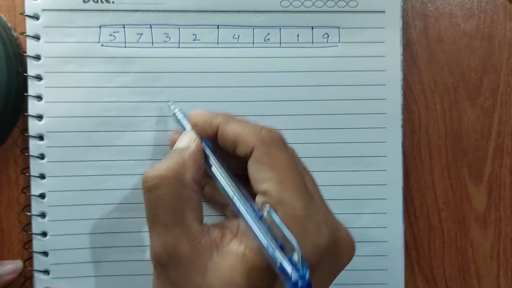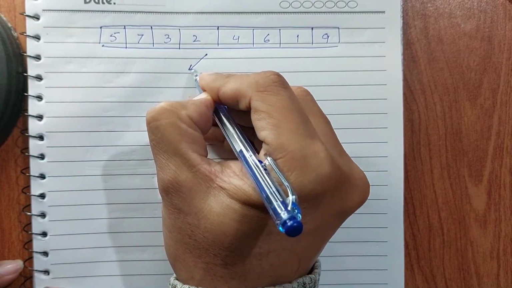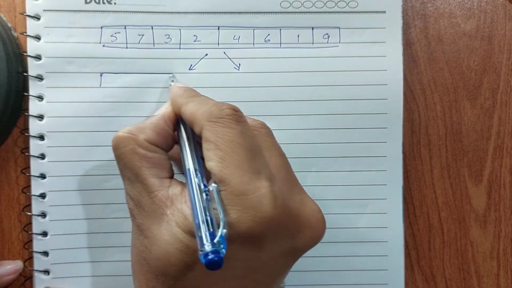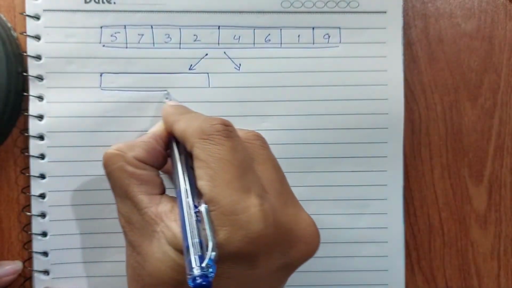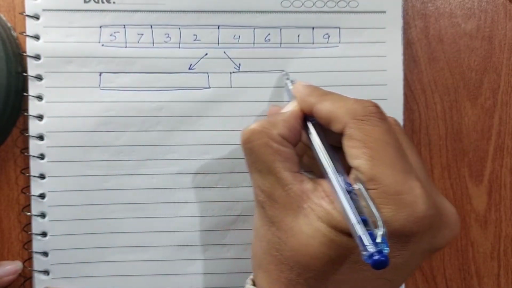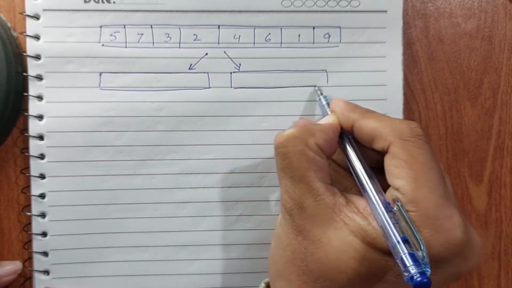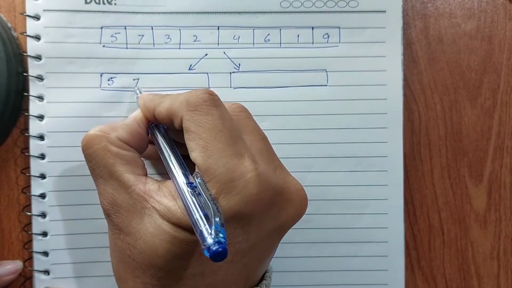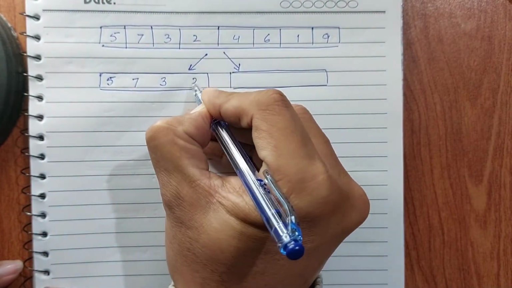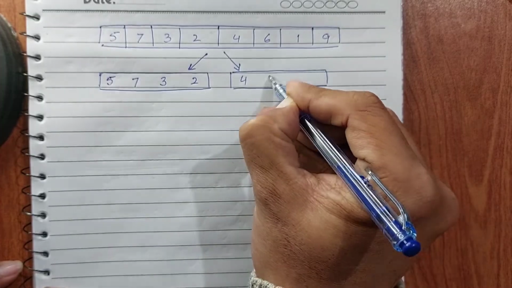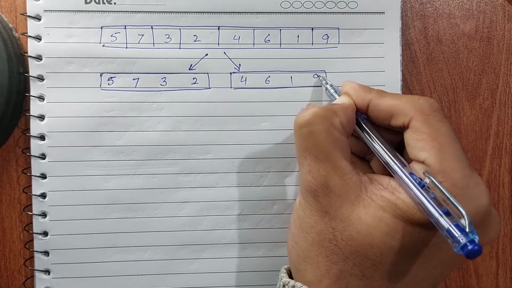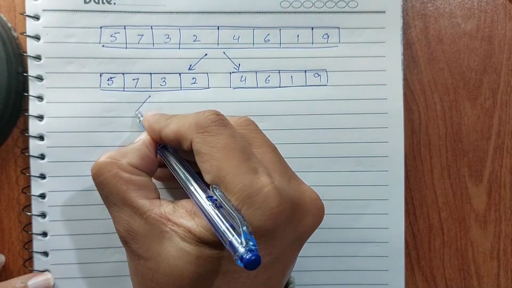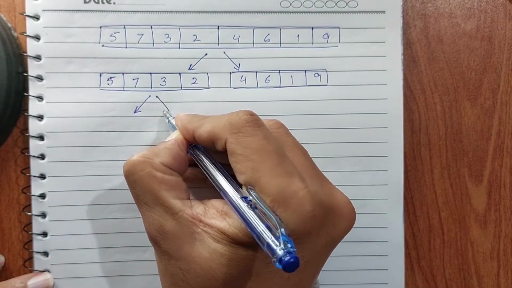Now we divide this array into two equal parts, like this one and then like this one. So the first sub-array would be here in this part: 5, 7, 3, 2, and 4, 6, 1, 9. Then we again divide this array into two equal parts.